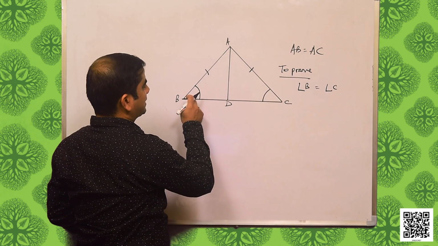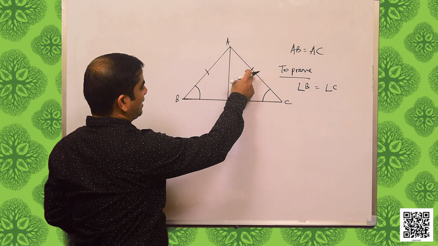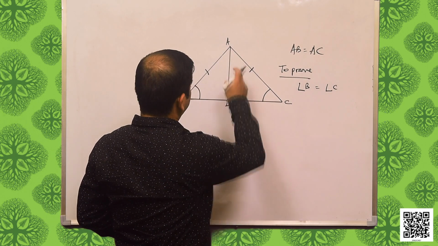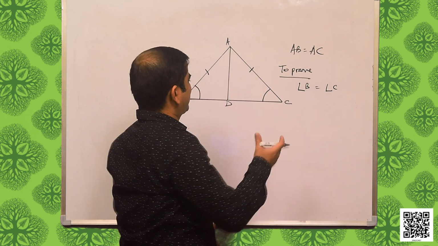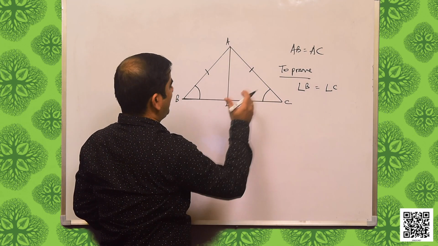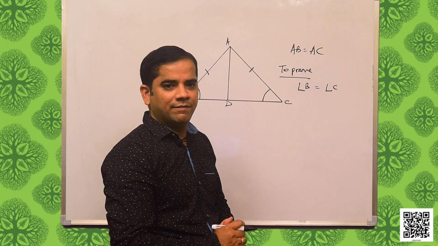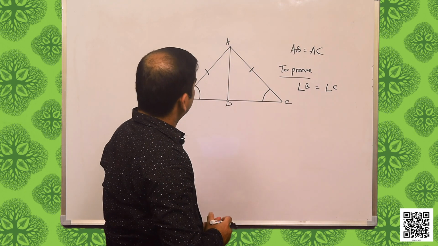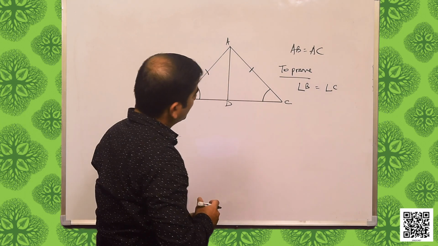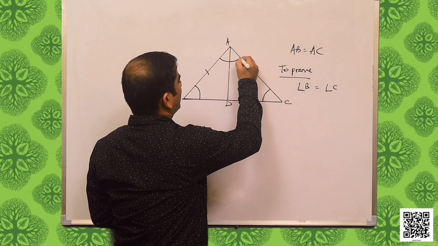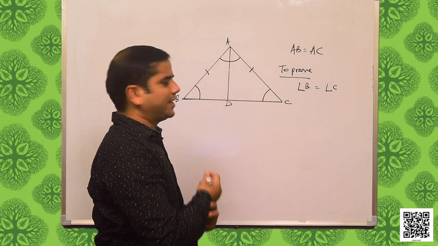Angle B is the angle facing the side AC and angle C is the angle facing the side AB, or you can say angle C is opposite to the side AB and angle B is opposite to the side AC. So, as you can see in the figure, AD is the bisector of angle A. We need to construct it to prove.